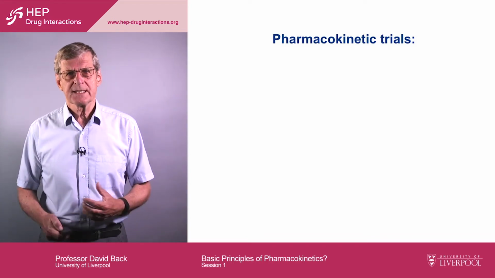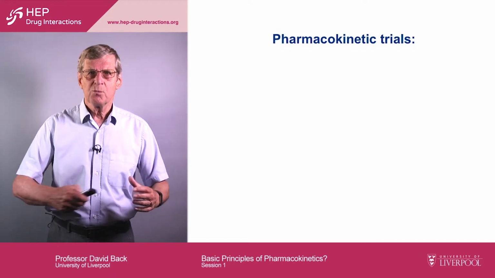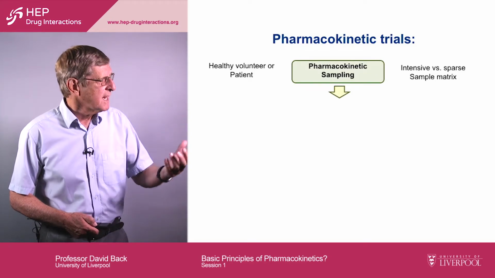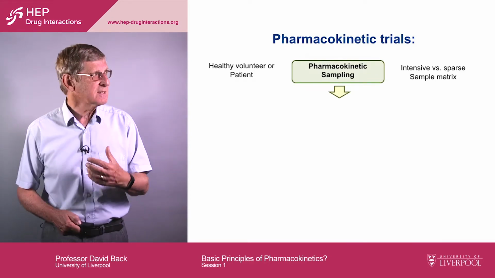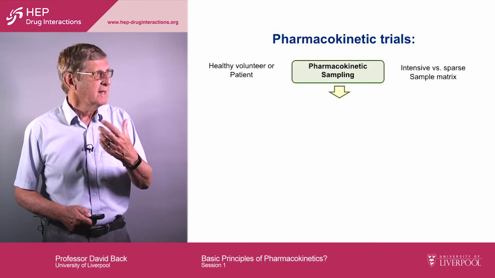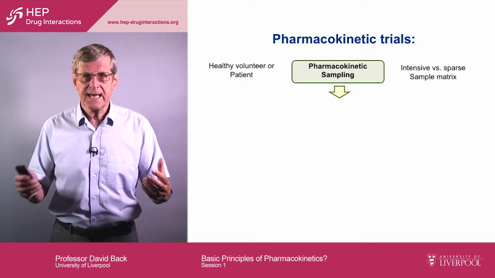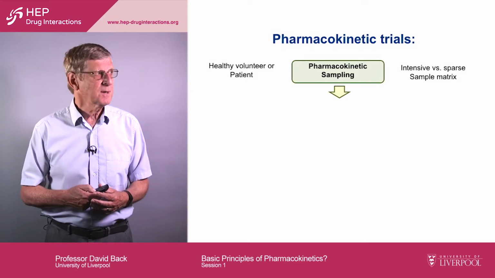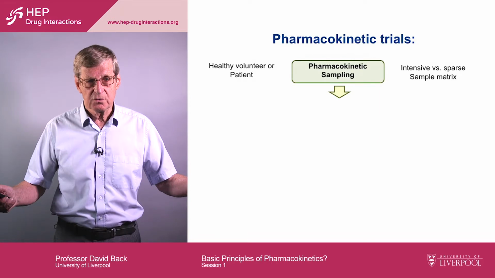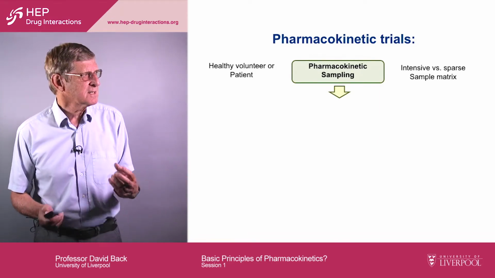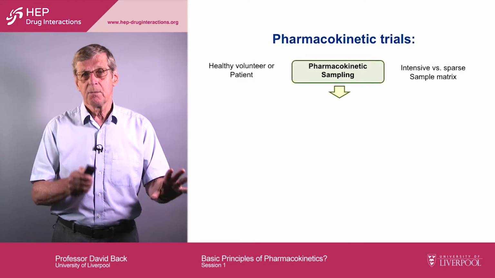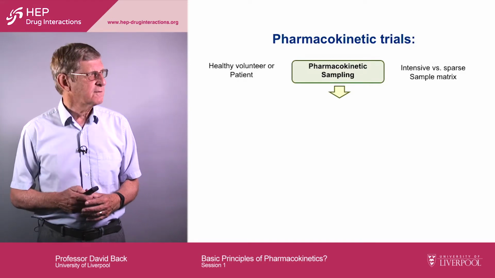When a drug has been licensed, post-licensing, we will do these pharmacokinetic trials so that you can use healthy volunteers or patients, and you get pharmacokinetic sampling or blood sampling in order to be able to understand how much drug is in the bloodstream. It can be intensive sampling over 24 hours or longer, or it can be sparse sampling, just taking maybe one sample every day over a period of time.